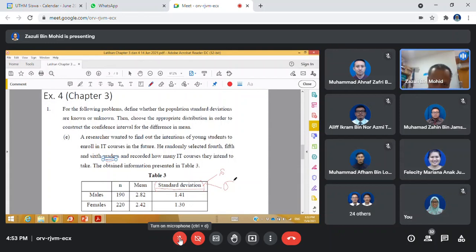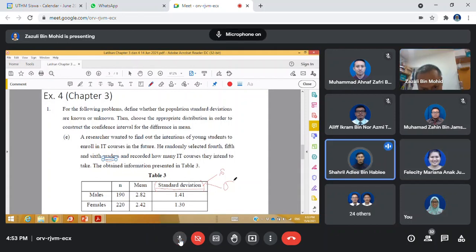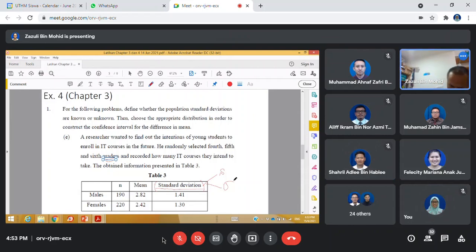Is it sample or is it population standard deviation? Sample.